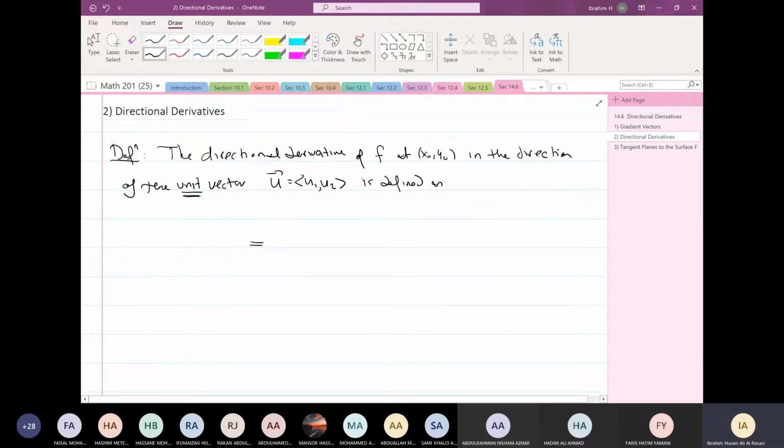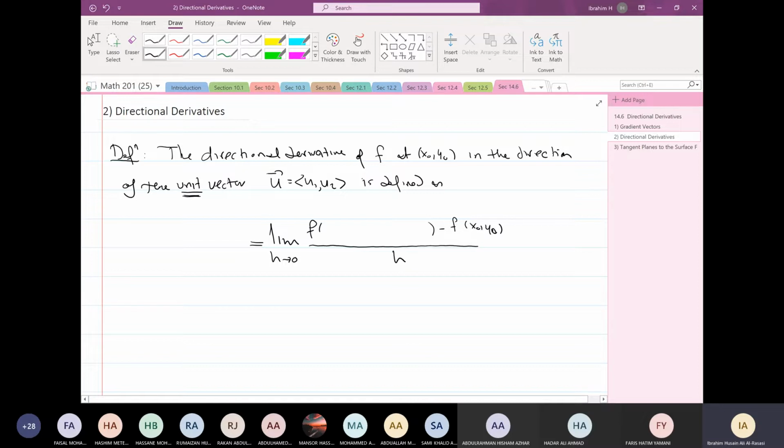This is the natural definition, the limit definition. For derivatives, the definition is always in terms of limits. So here it is the limit as h approaches 0 of something minus f of x0, y0, over h.